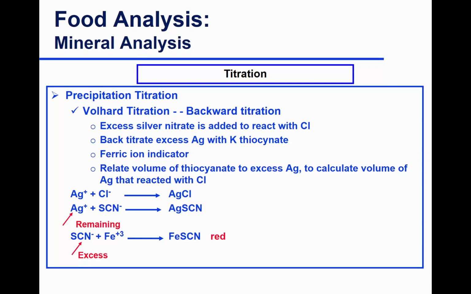And you will have ferric ion in there as an indicator. So the silver will react with the thiocyanate, and then when all the silver is reacted, the next drop will react with the iron and will give you a red precipitate. And that would be the end of the reaction.